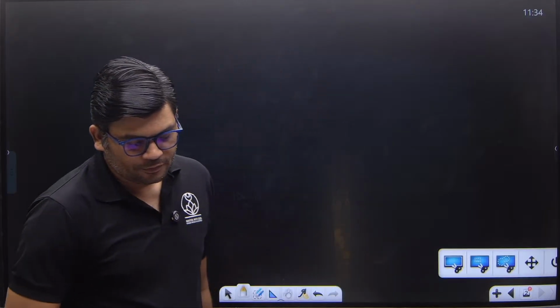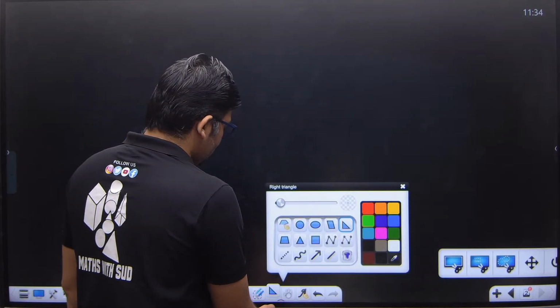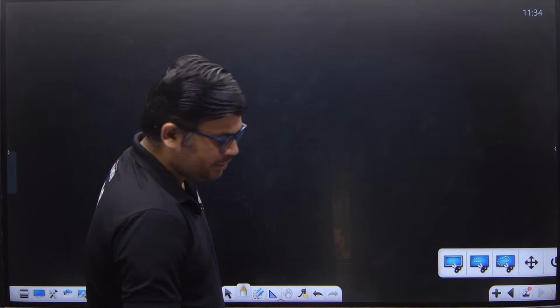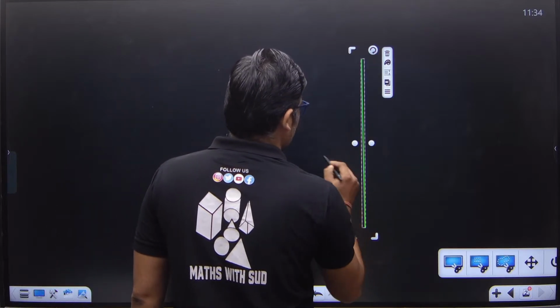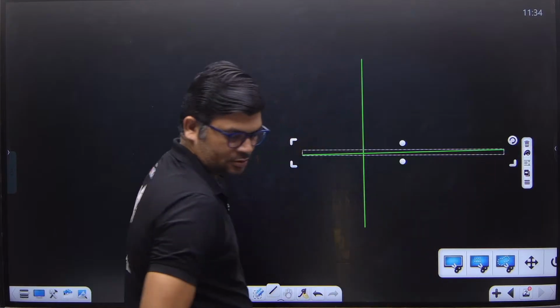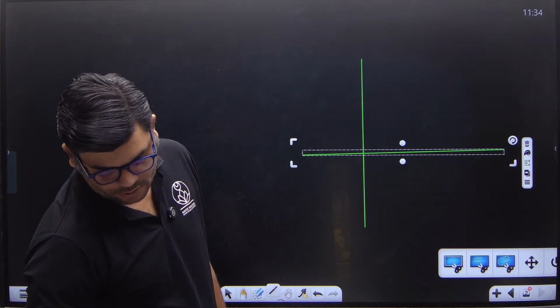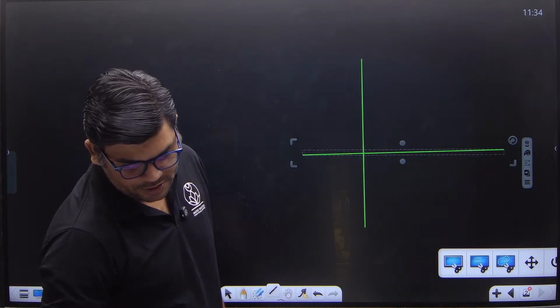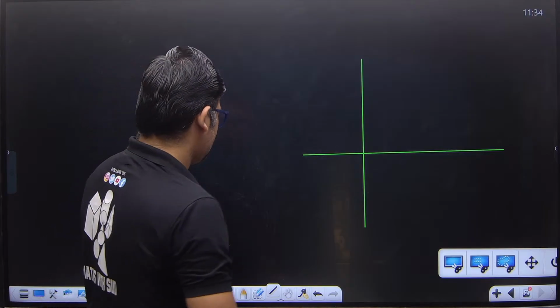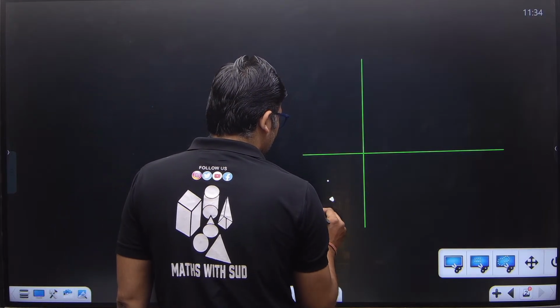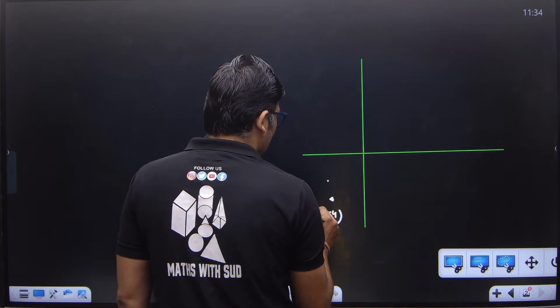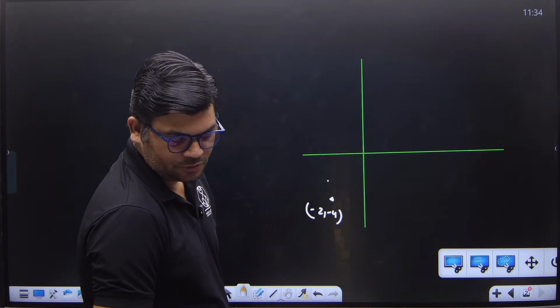Okay. So let us take the question number 15. So in 15 they are saying that in the adjoining figure, ABC is a right angle triangle. The coordinates are given as minus 2 comma minus 4 and minus 2 comma 3.